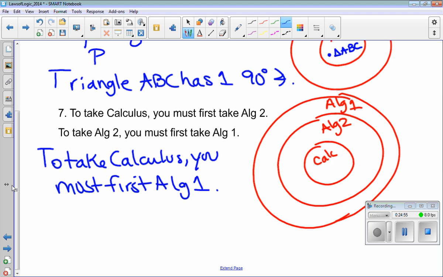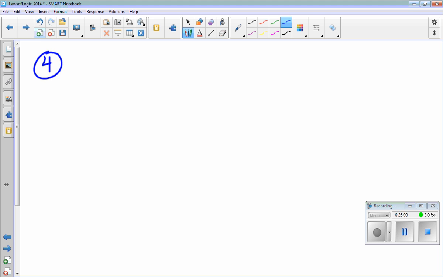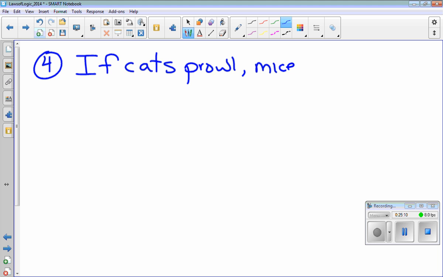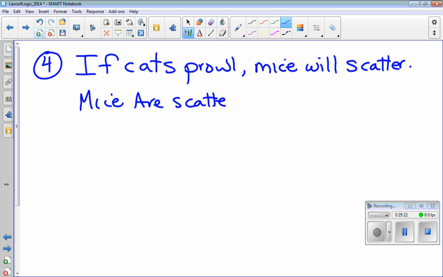I'll write the statement up here. What would the Venn diagram look like in number 4?